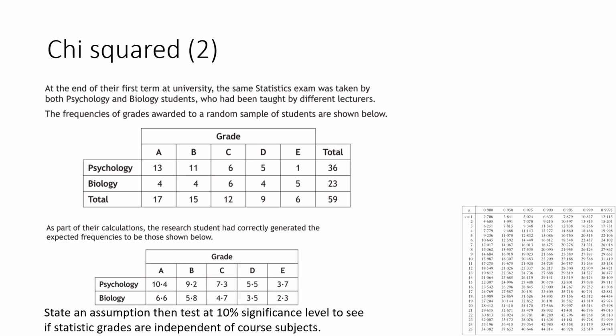Okay, so our assumption here can be that the lecturers have the same level of skill in teaching. That one lecturer isn't better than the other at teaching stats. That would be our assumption.